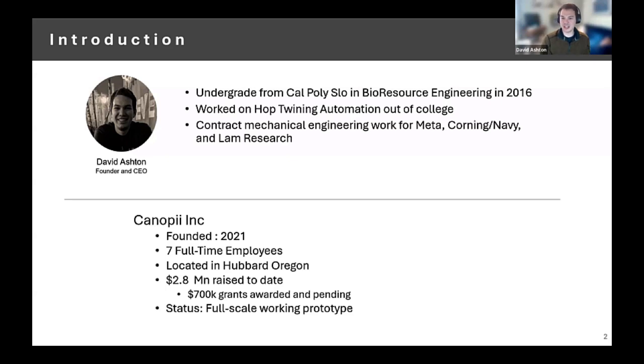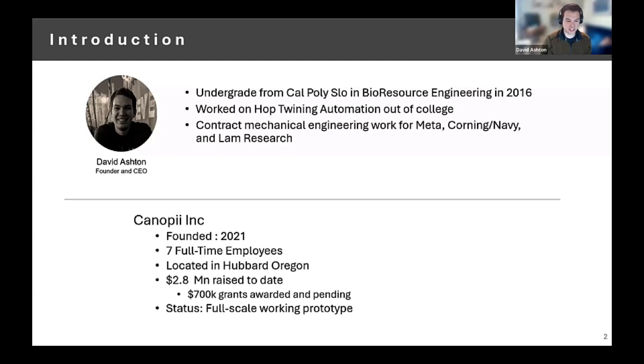In Oregon, I found a job in Portland as a mechanical engineering consultant, and there I worked for companies like Meta on their AR/VR systems. I worked for Corning in the Navy with athermalized vision systems, and also places like Lam Research for processing equipment.